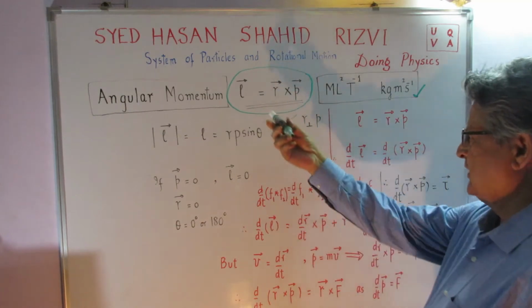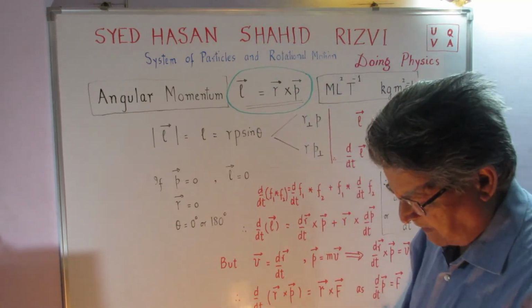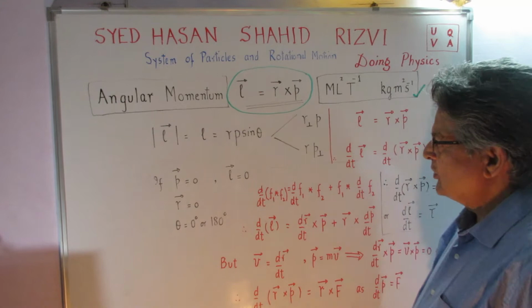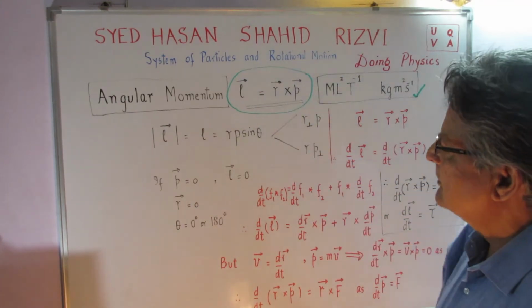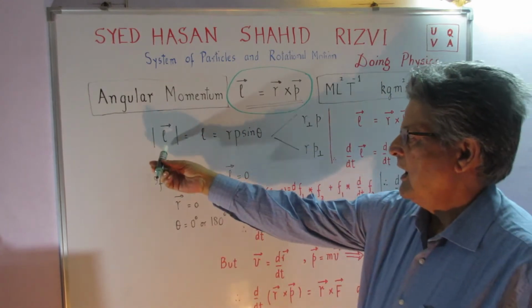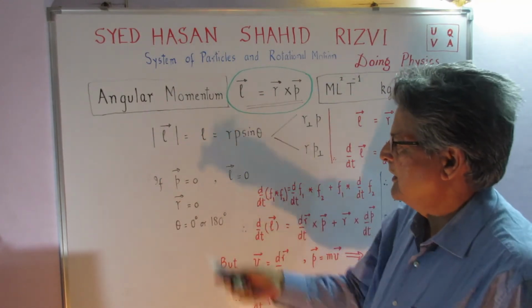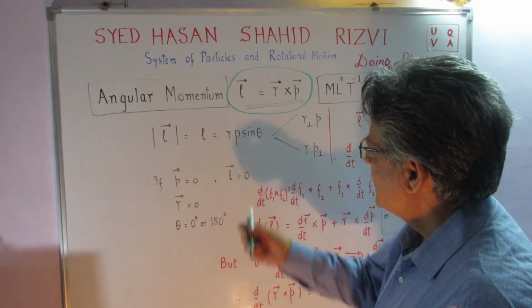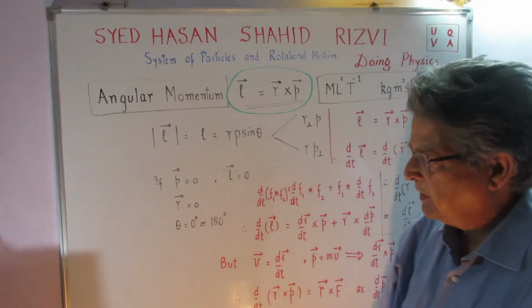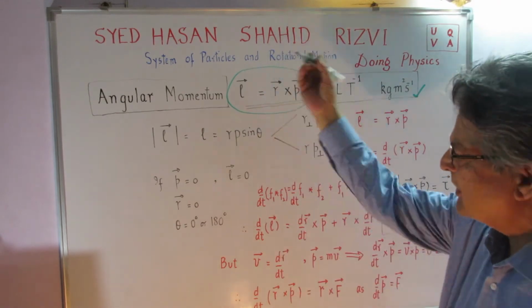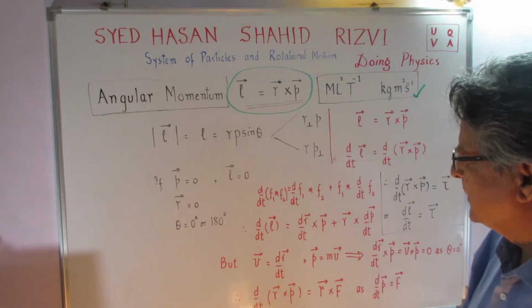Naturally, this is a definition which I am obtaining again, like before, with a cross product of two vectors, and the magnitude of this vector is L, which is equal to the magnitude of R multiplied by the magnitude of P multiplied by sine of theta, in a similar fashion to what we have been doing.